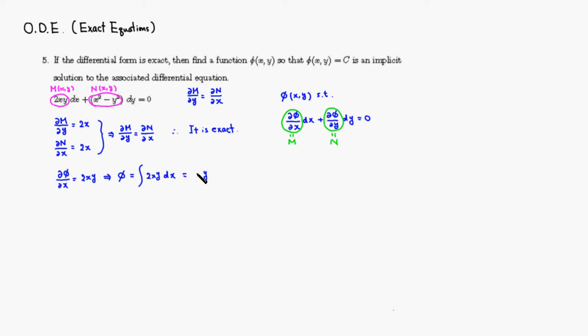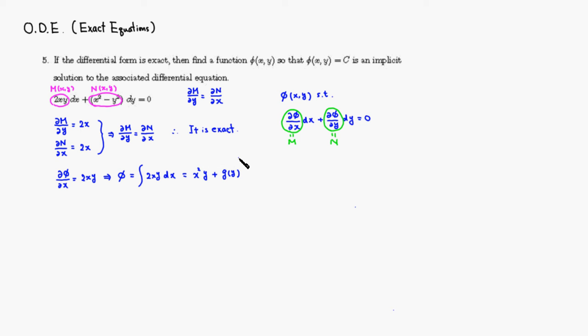The antiderivative of 2x is x squared, plus some constant. But remember, this is a partial antiderivative, so anything that has y in it will be considered to be a constant. So it could have a function of y. I'm going to call it g of y. So we have to find the g here.